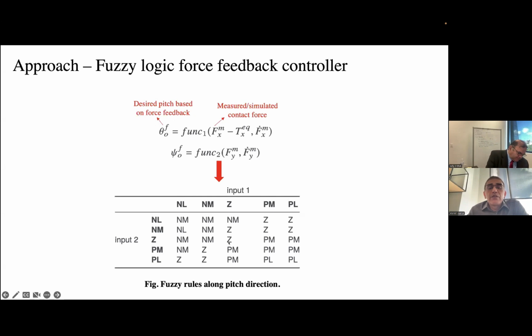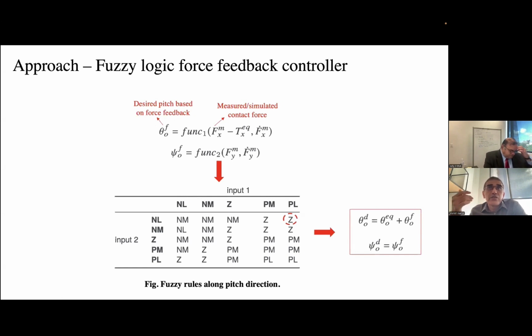A typical fuzzy rule, which is derived from looking at how human expertise would be implemented, is, for example: if your tether is pulling in one direction and the rate of change of that force is large, then you move fast in the same direction.